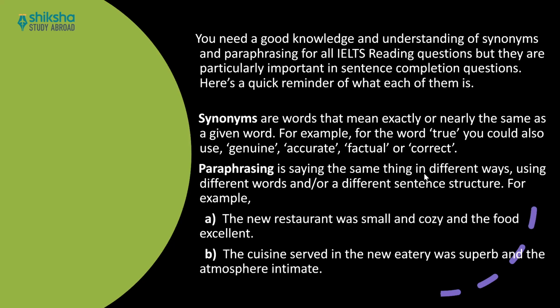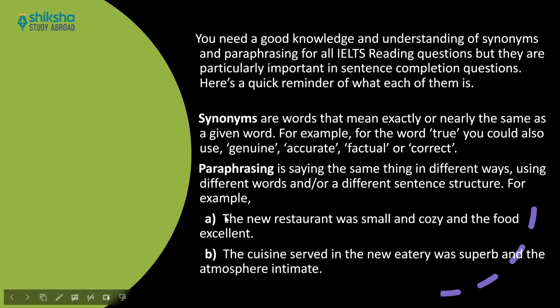Paraphrasing is saying the same thing in a different way or in different ways, using different words and or a different sentence structure. For example, first sentence A is: the new restaurant was small and cozy and the food excellent. B: the cuisine served in the new eatery was superb and the atmosphere intimate.